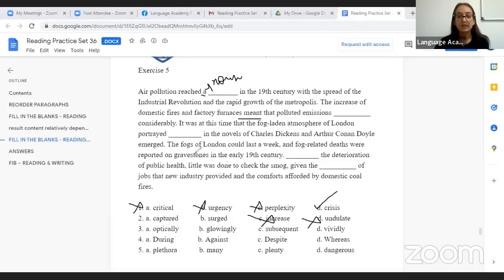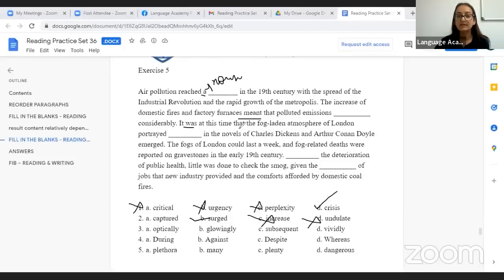Can we say the polluted emissions captured? Can we capture the emissions? No, we cannot, but we can say the polluted emissions surged. Surge means increased in number or quantity.